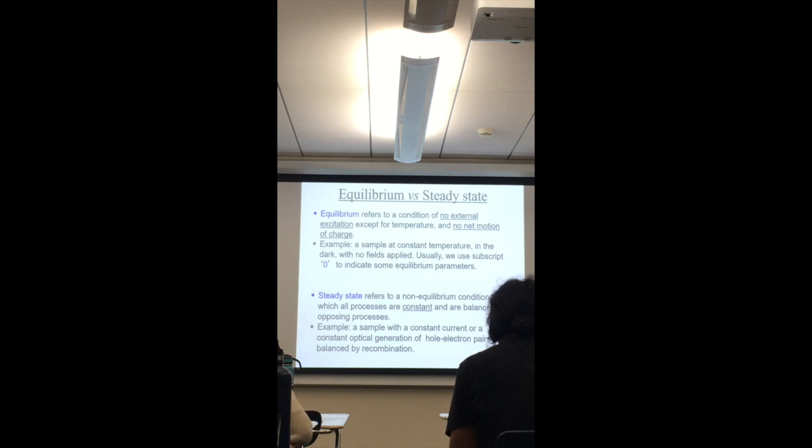Examples include a sample at constant temperature, in the dark, with no field applied. Usually we use this subscript 0 to indicate equilibrium parameters. Here, especially we want to emphasize this in the dark. Why do we want to say this in the dark?